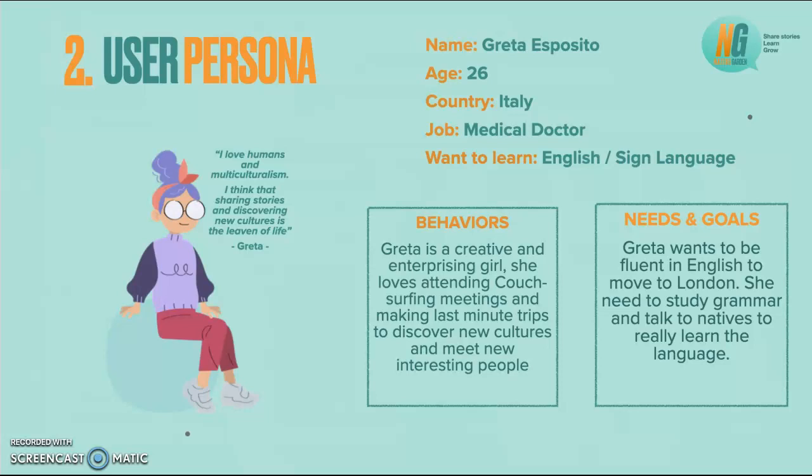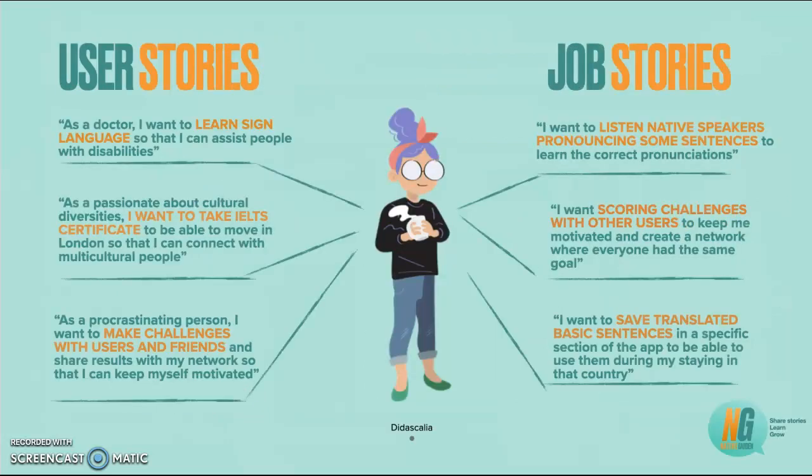She loves multiculturalism, and she believes that London is the perfect city to discover it. But what is the problem with moving to London? She has to get a certification in IELTS. So she needs good fluency in English, and she needs a good, solid grammar basis.